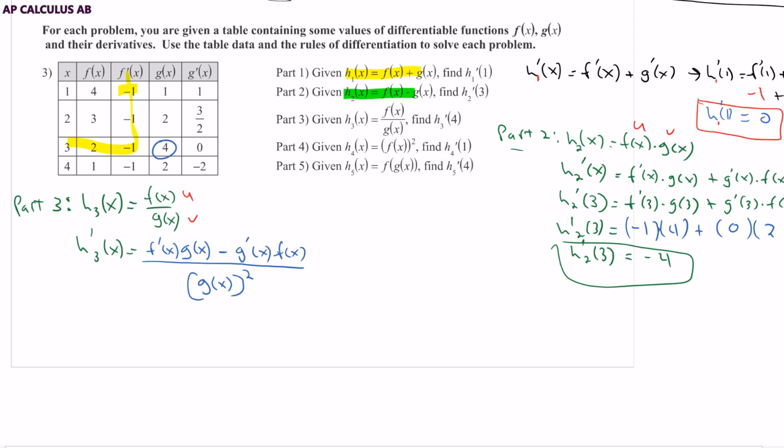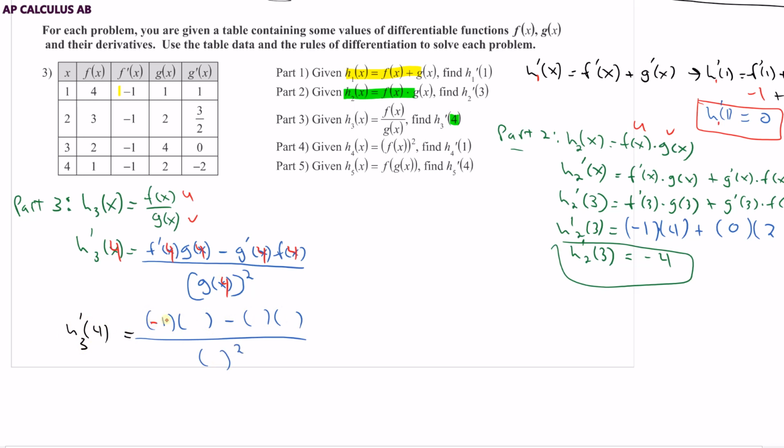I want to find h prime of, in this case, 4. So I'm going to write 4 everywhere in here, right? Just replace all those x's with 4s, and we're going to find that f prime of 4 is negative 1. And I'll put a bunch of parentheses here because we're just going to replace these with values.